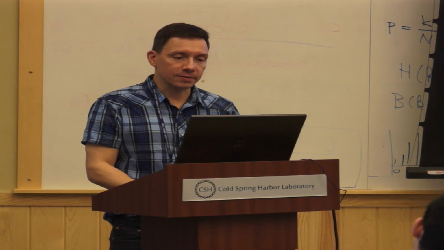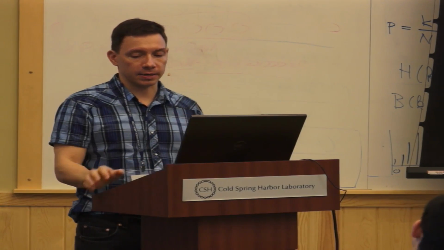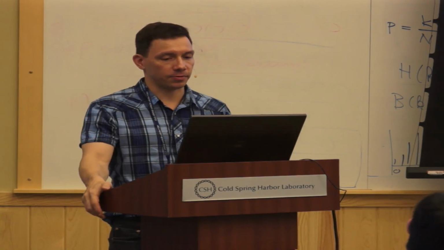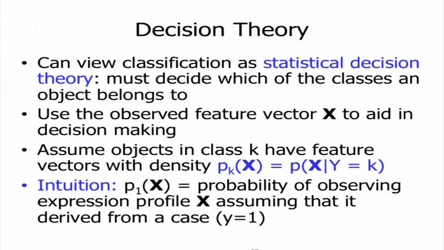Now, classification can also be interpreted as decision theory. There's a whole field in statistics. In decision theory, we define probabilities. So let's say P1 of X is the probability that you observe your expression data assuming that these features come from class 1, for example, a diseased individual.